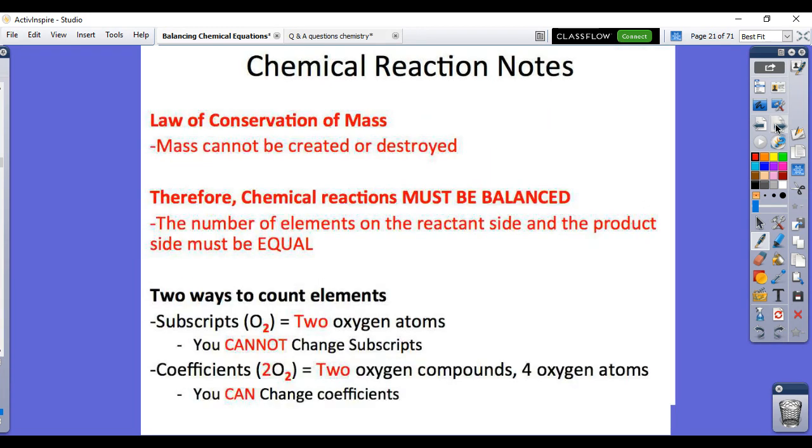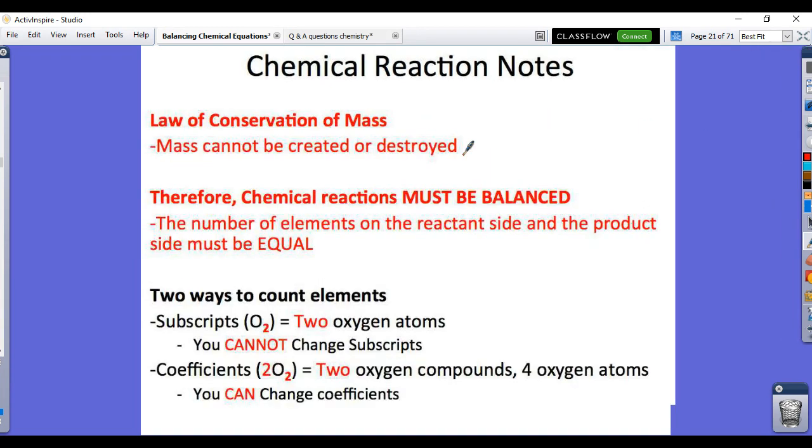Now, we are balancing these equations due to the law of conservation of mass. Mass cannot be created nor destroyed, so therefore chemical reactions must be balanced. The number of each element on the reactant side and the product side must be equal. You have what we call subscripts. I want to make sure we know what those are called.